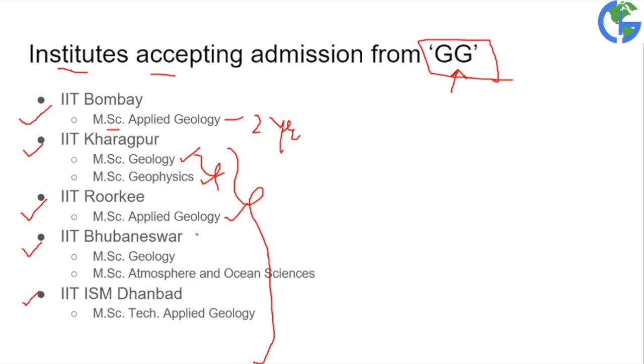In IIT Bhubaneswar there is MSc Geology, and another is MSc Atmosphere and Ocean Sciences. And finally there is IIT ISM Dhanbad, which offers a 3-year MSc Tech Applied Geology, right? So these are the 7 programs you can fill your preference for while filling up the admission form, right?